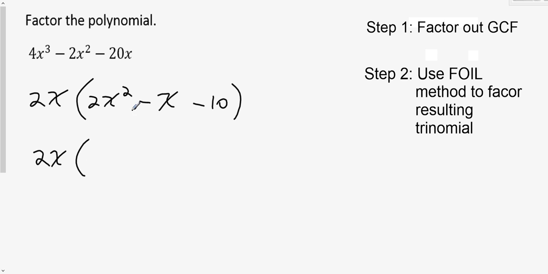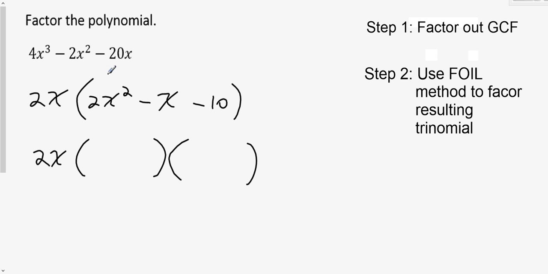But now, to use the FOIL method, I'm looking at this trinomial and I'm assuming, since I've already taken out a monomial factor, a single term factor, that the only factors that would be left would be binomials. So FOIL will take me from those binomials to my trinomial.